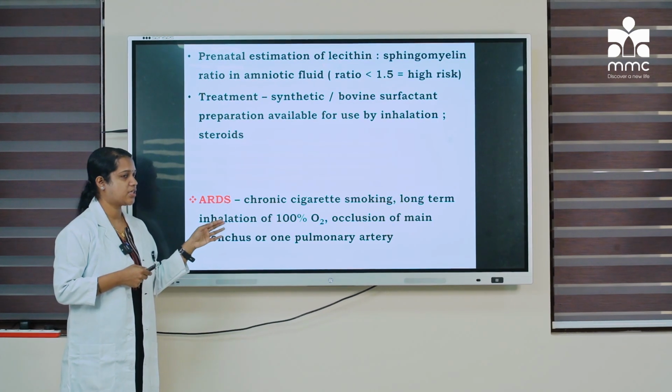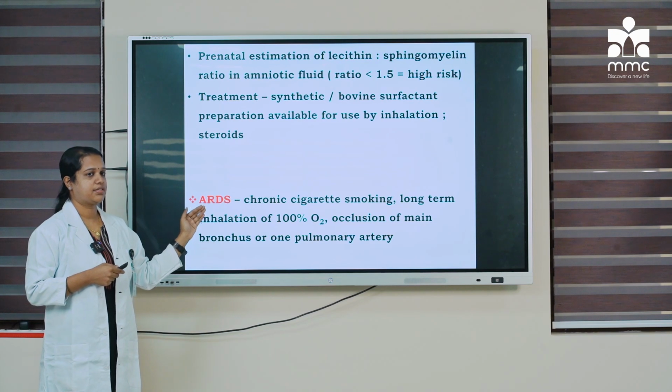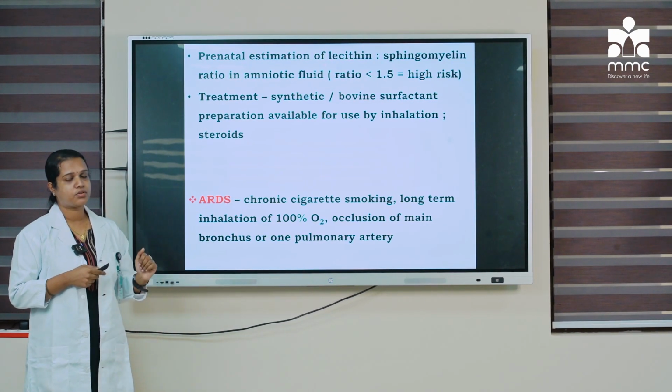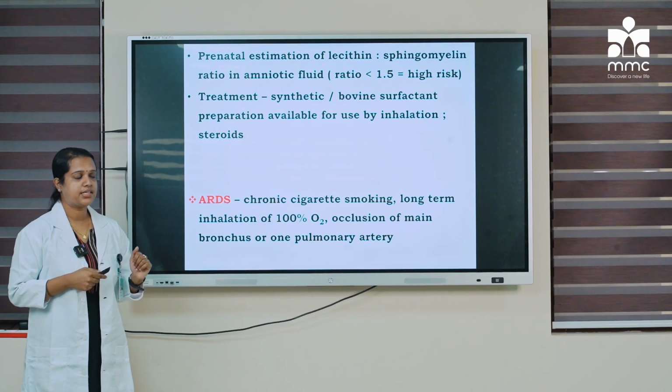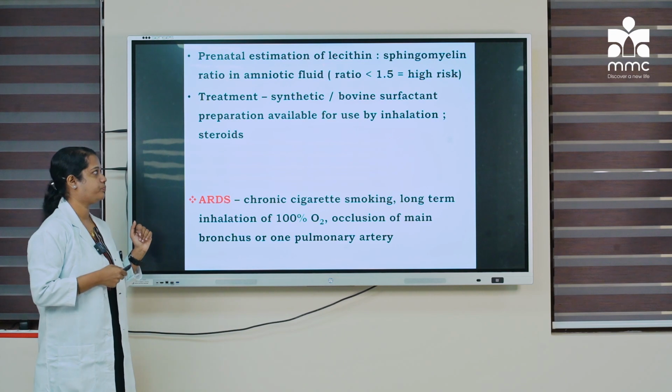These are few conditions that can predispose to adult respiratory distress syndrome. So we have seen infant respiratory distress syndrome, which is also called as hyaline membrane disease, and you have adult respiratory distress syndrome.